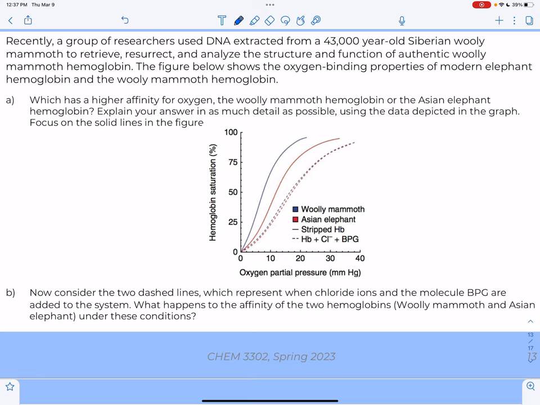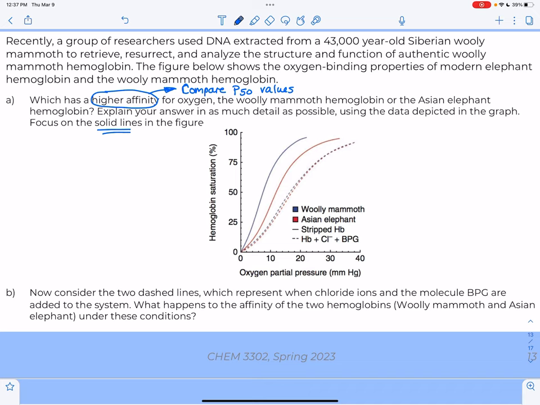And so we're first going to look at the solid lines, and we want to look at affinity. When we're looking at oxygen saturation curves with hemoglobin or myoglobin, in terms of affinity, we're going to compare P50 values.